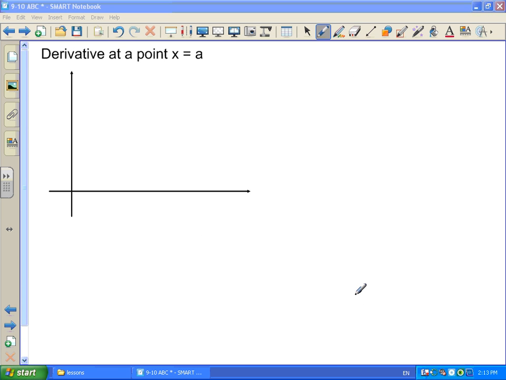We're going to find the derivative at a particular point A that we know. So let's say we've got some function, and I'll just do a nice little smooth function like this. We'll call this function f at x, because that's a good name for a function. And let's say we are interested in a point right here, an x value that is a.